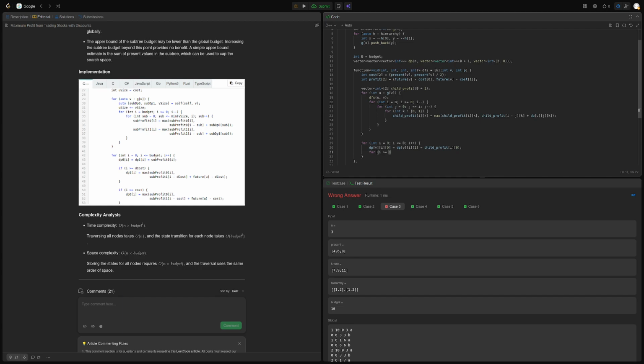If I cost 0, dpv I1 max of dpv I1 and make child profit I minus cost 0.